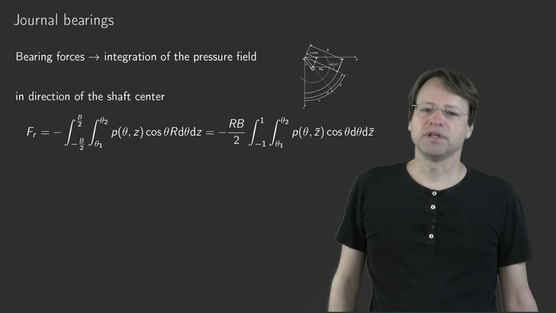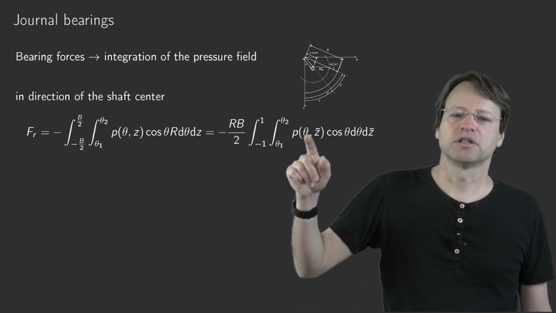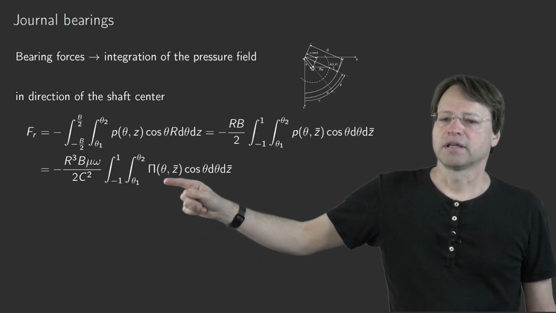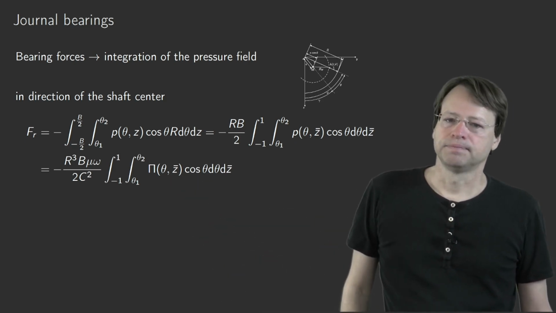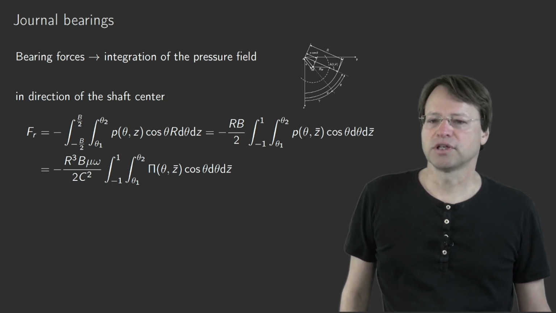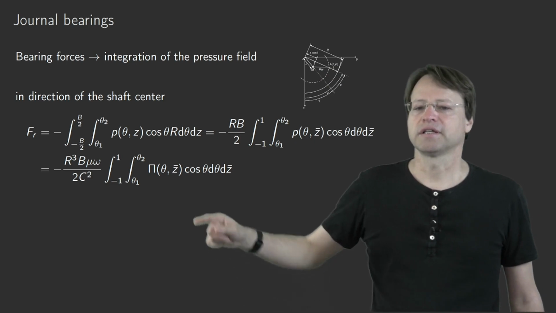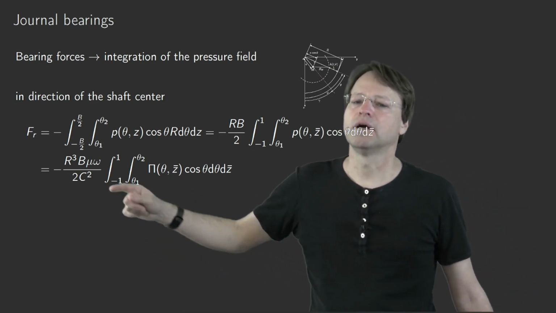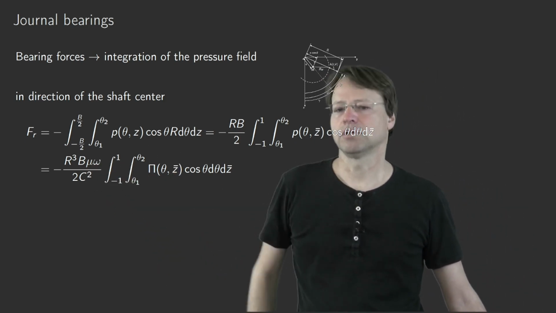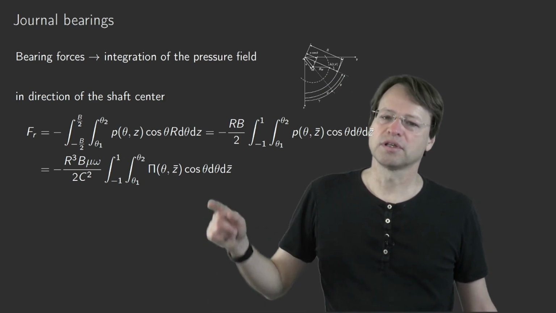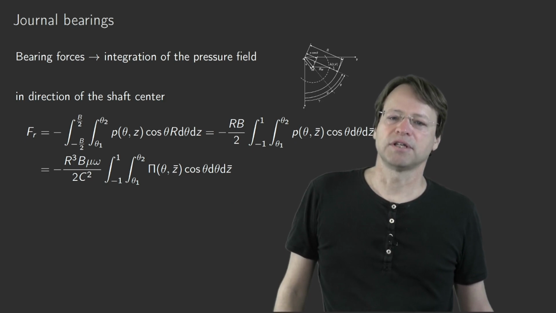Next step would be then the introduction of the dimensionless pressure instead of P here. So we get capital pi for the dimensionless pressure, and all the constants that are needed to obtain a dimensionless pressure are now here. In the opposite sense, so numerator and denominator have been switched compared to the definition of the dimensionless pressure.